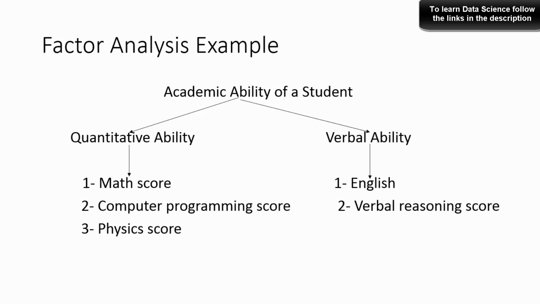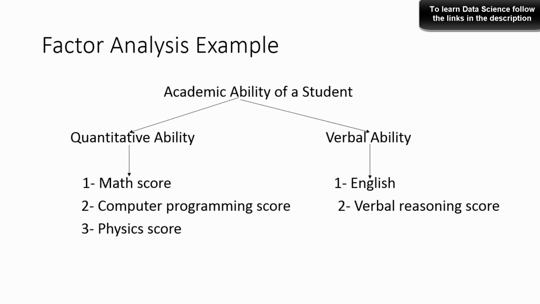But English score will be correlated with verbal reasoning score. So if we are given these five variables, we need to find out which are correlated among themselves and which can be grouped together in one factor. If we are given five variables, we can get down to two factors or two latent variables.